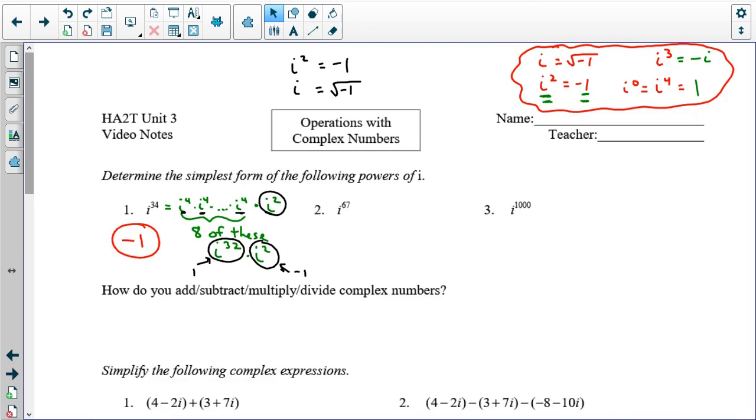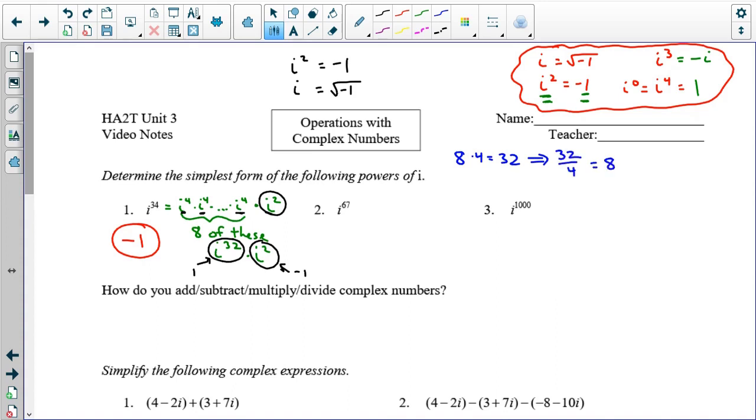Now, that can get rather annoying once the numbers get a lot larger, like in number 3, i to the 1,000. So probably the best way to do this is if I notice that 8 times 4 was 32, the other way that I can think about that is that if I have 32 divided by 4, I got 8.